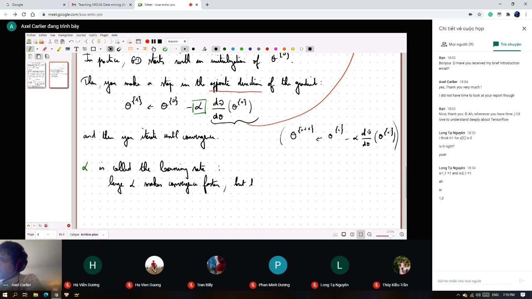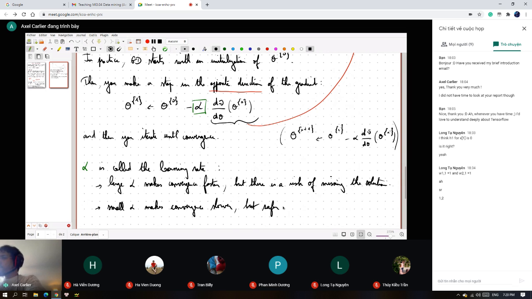but there is a risk of missing the solution. Whereas a small alpha makes the convergence slower but safer. Let me explain that.